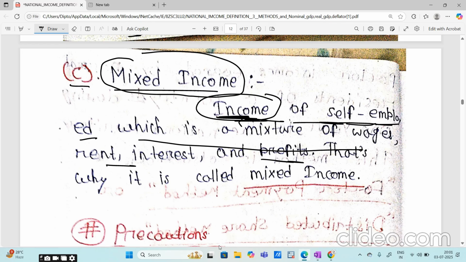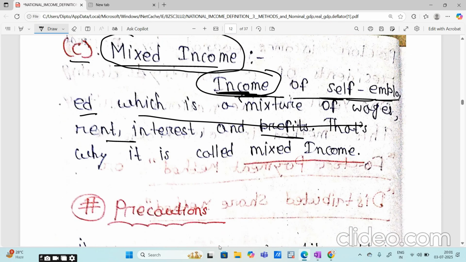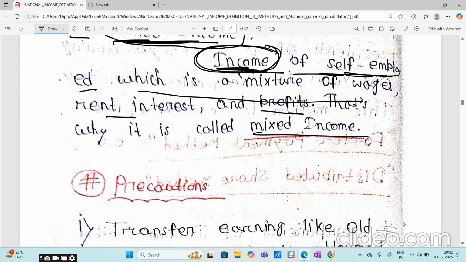So that profit will not come under operating surplus, right? That profit will come under mixed income, the income of self-employed. So whenever a self-employed person is earning any wage, rent, interest or profit, that income comes under the section of mixed income.